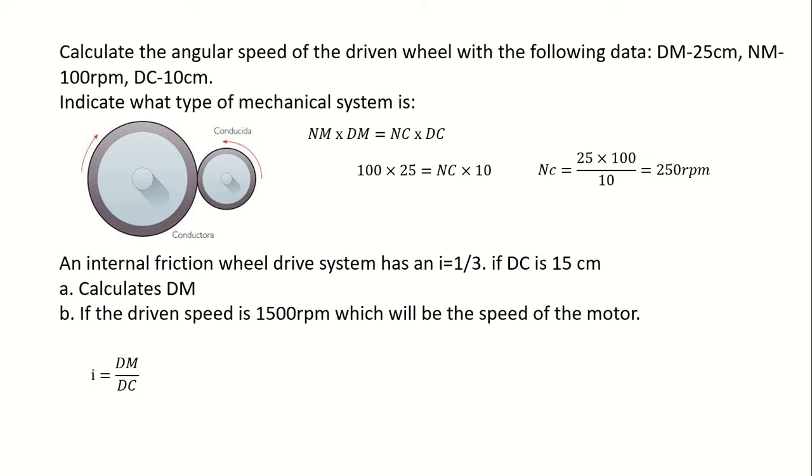Okay, we know this formula that we see also in the first video of the review. I is diameter of driver between diameter of driven. So 1/3 is diameter of driver between 15, that is the diameter of the driven.